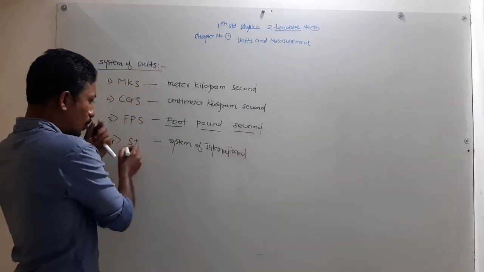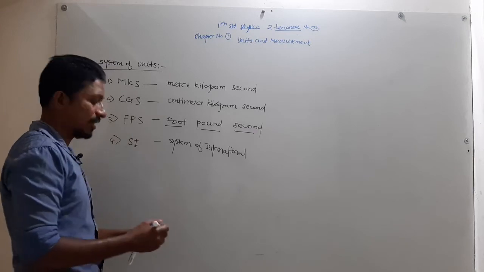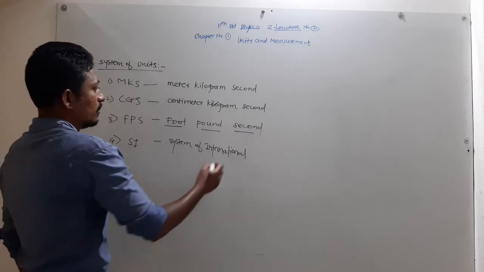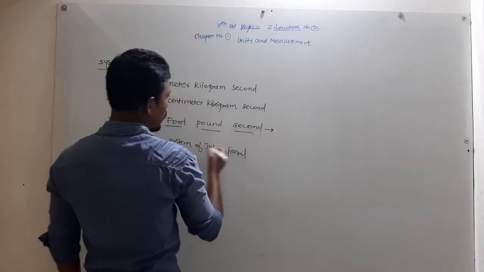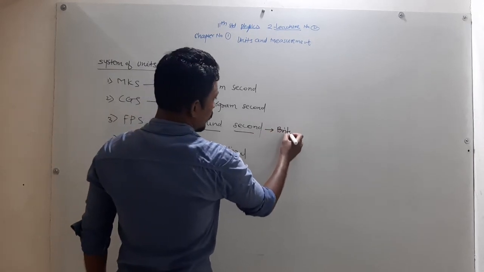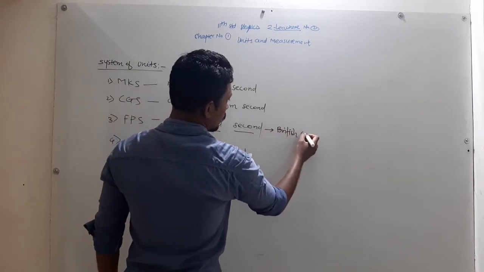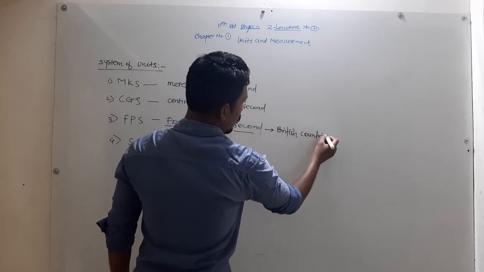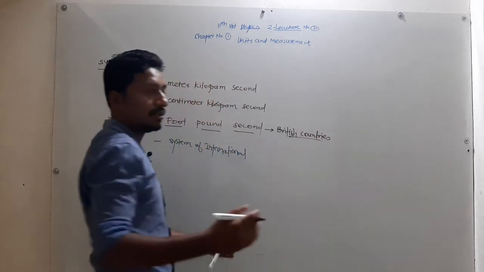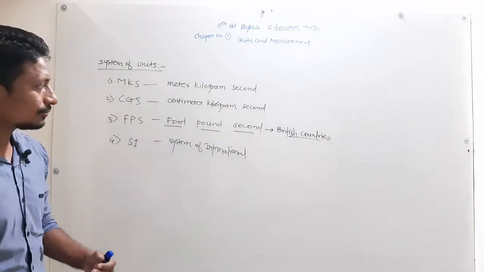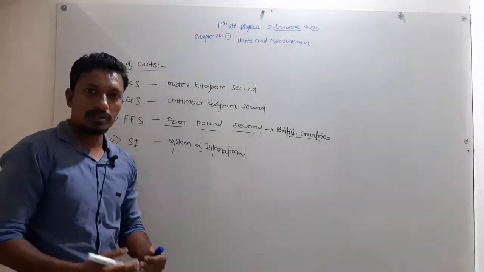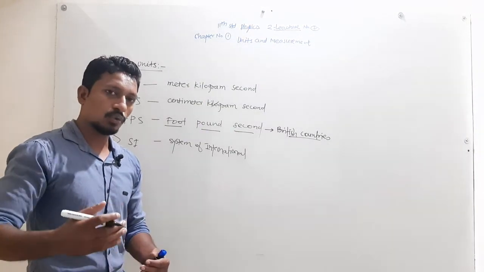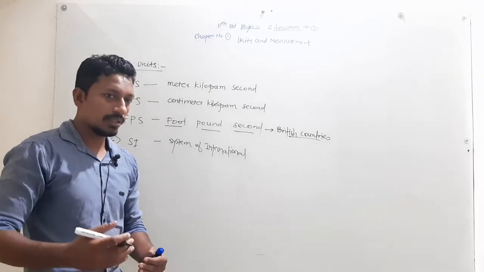SI is used all over the universe, the international system. The third system is used in British countries. Students, you all see WWE Raw, the Roman ring, 275 pound, right?